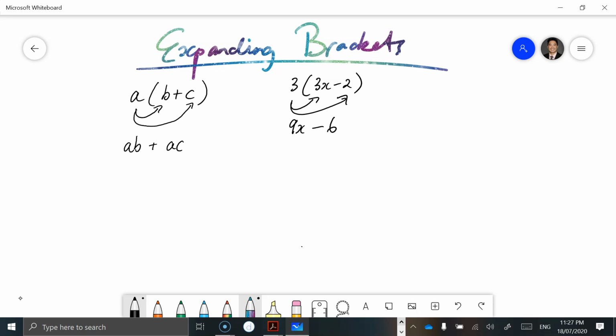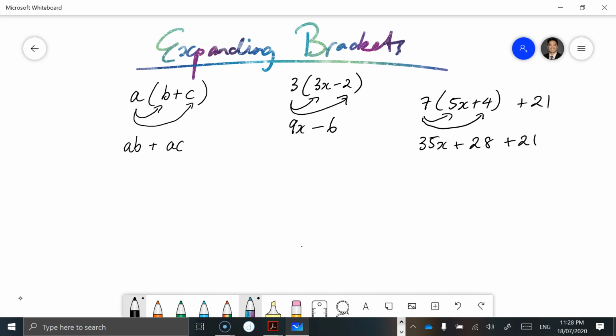Okay. Then if we have something like 7 outside of (5x plus 4) plus 21. So let's expand the brackets because BODMAS says brackets are first. So 35x, and then 7 times 4 is 28, and we're going to add 21.